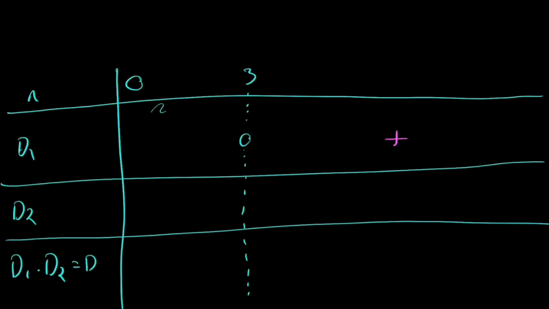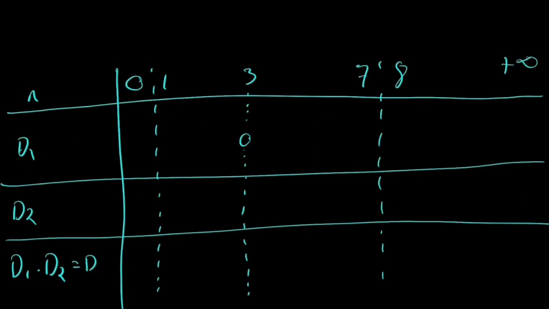And here we have a change for D2 with a 1 here, and then 7, 8, and then plus infinity. We've got negative, negative, and then it changes for D1: positive, positive. And for D2 we've got positive, negative, then still negative because we are between 1 and 7, and then positive.